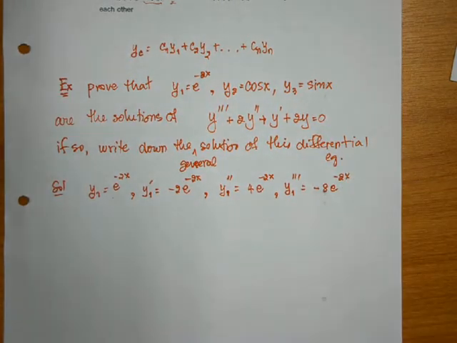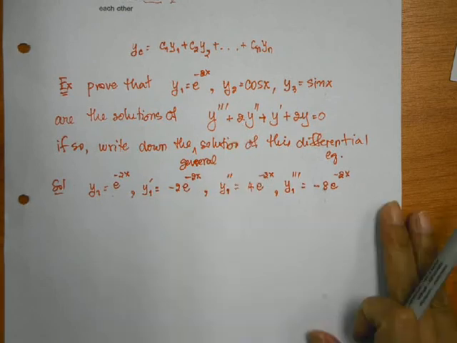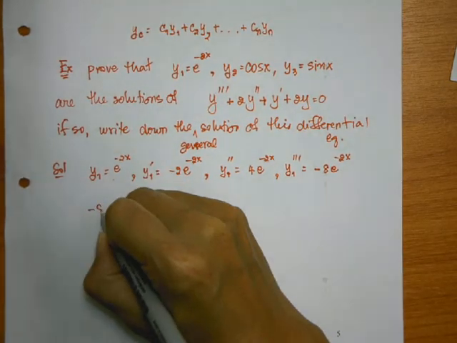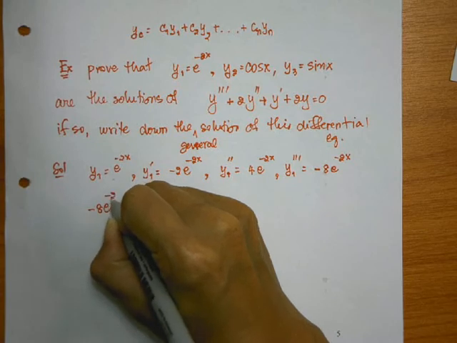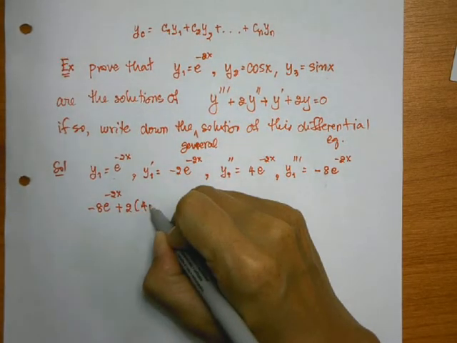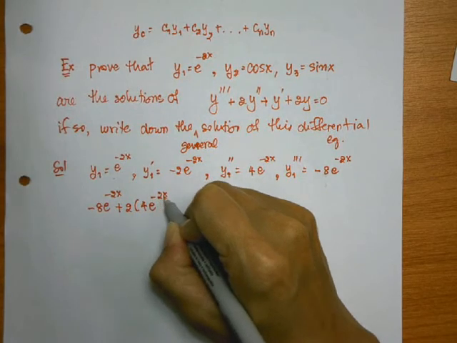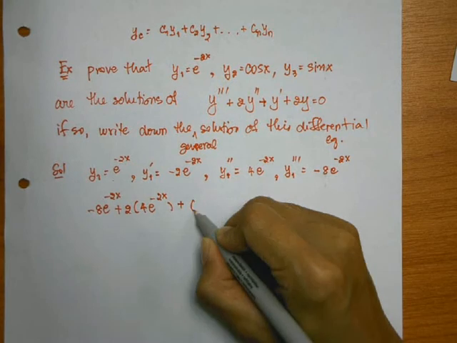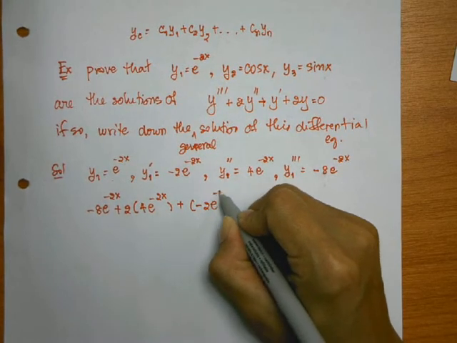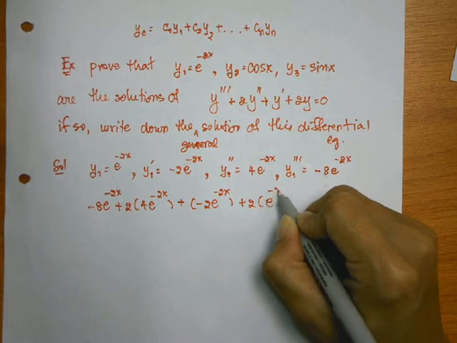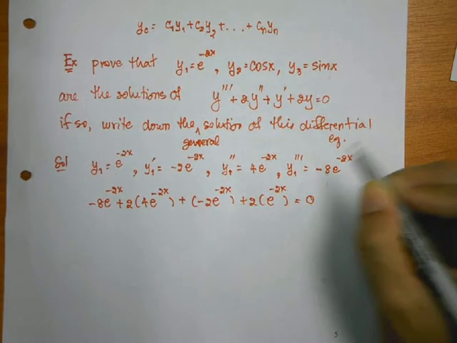And then you just plug each term into your differential equation. You would get minus 8 plus 2 times 4 plus minus 2 plus 2 times, and it is really equal to 0.